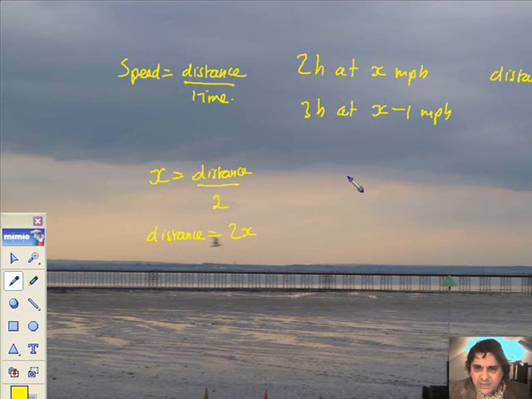Now what about him? Same thing again. The speed is this time x minus 1 equals some sort of distance divided by the time, which is 3 hours. Take 3 over and multiply. And this distance will be 3 times x minus 1, which comes to 3x minus 3.